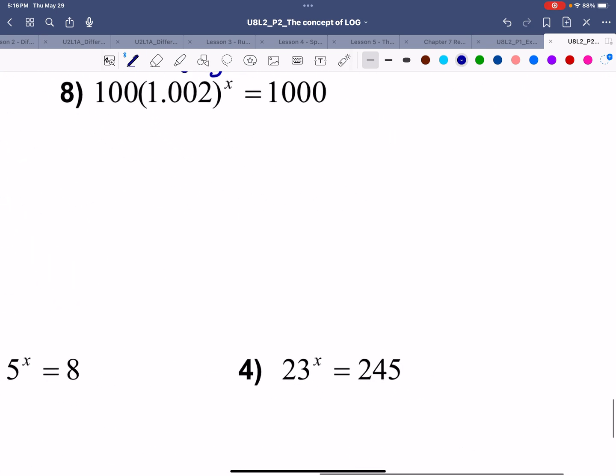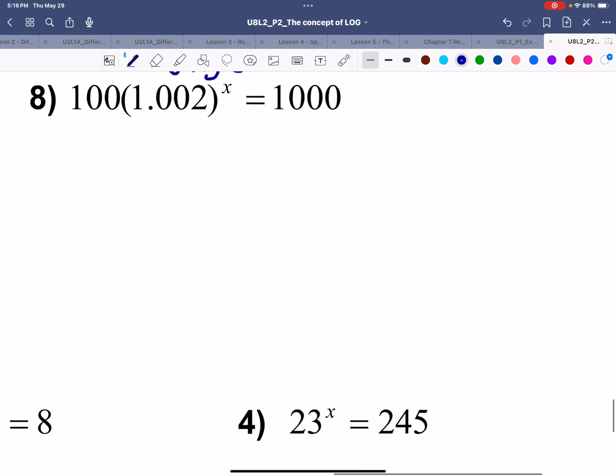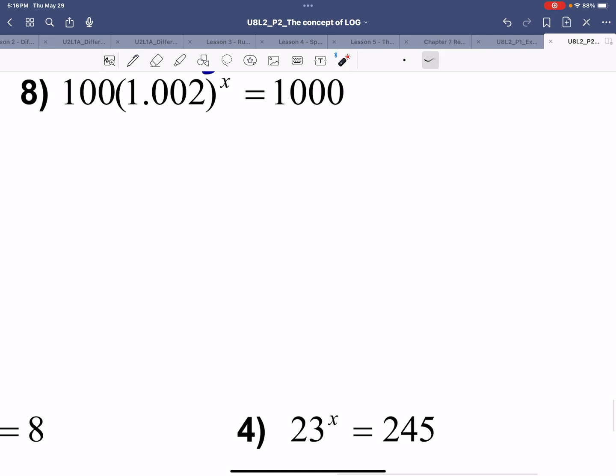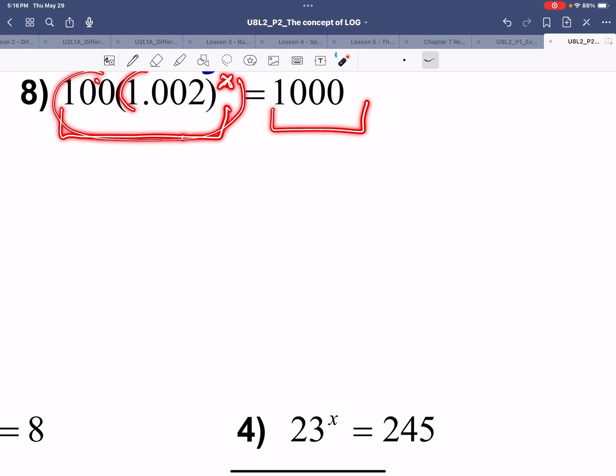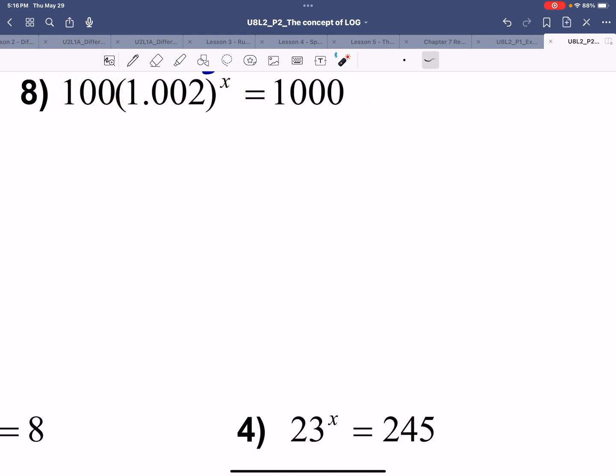Next, we have another question similar to what we just did. So we have the exponent. The unknown is in the exponent, and this is only a single term on each side in this case. And this is a single term. It has a coefficient of 100, which means that we should start off by dividing both sides of the equation by 100.